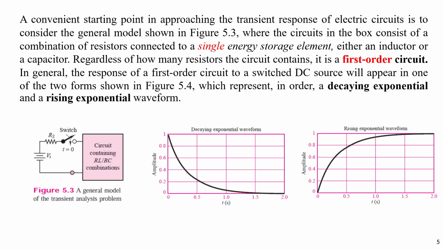So if we have a single energy storage element, what do we mean by single energy storage element? It means only L or only C, an RL or RC circuit. For example, R and L circuit, or R and C circuit. We will analyze these circuits as first order circuits.